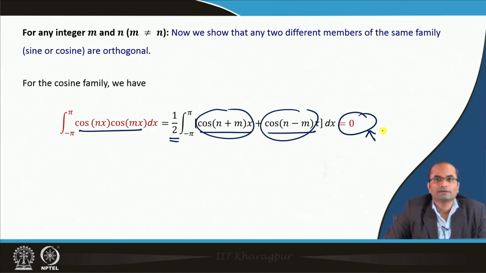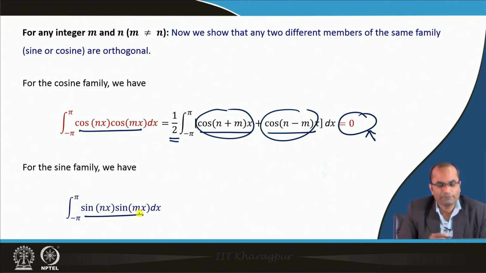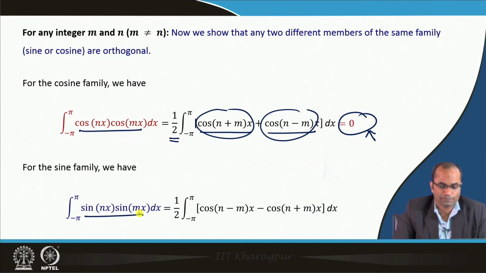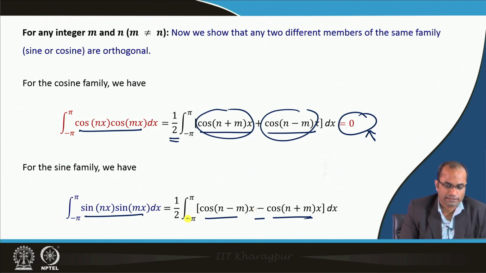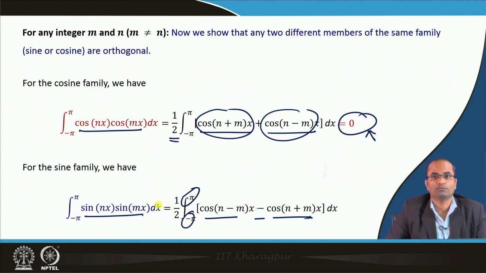So, again, when we take two different members of the cosine family, the value is 0. Similarly, if we take from the sine family also, the same situation will happen. Again this trigonometric identity will lead to the cos only with the negative sign, and when we integrate, sin (n minus m)x and sin (n plus m)x will come, and when we substitute the values pi and minus pi, sin of integer times pi is 0.